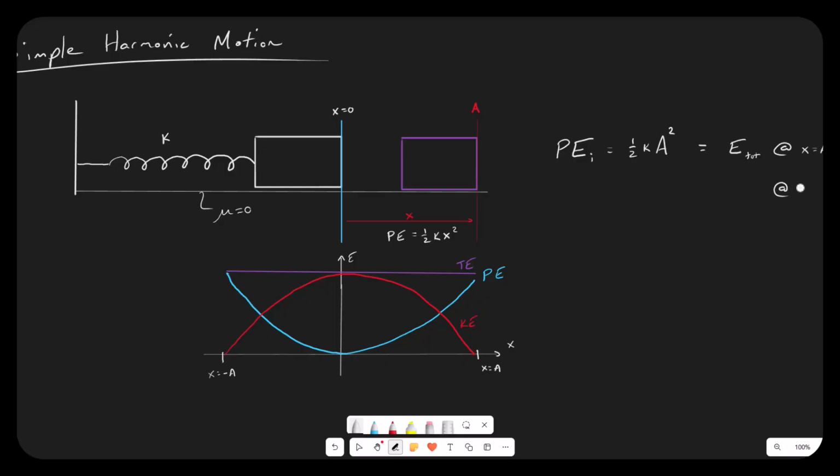If I want to look at equilibrium, then my potential energy is 0. And my total energy is the sum of potential plus kinetic, but potential is 0. So my total energy will be kinetic. If all of my energy is going into kinetic energy, I will be moving at the maximum speed that I can.